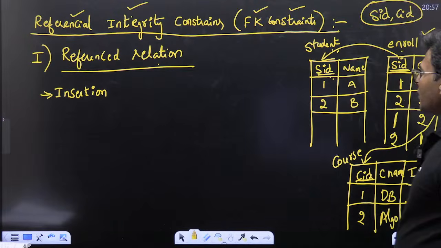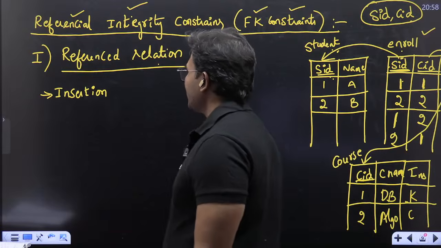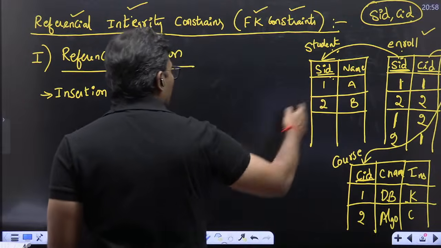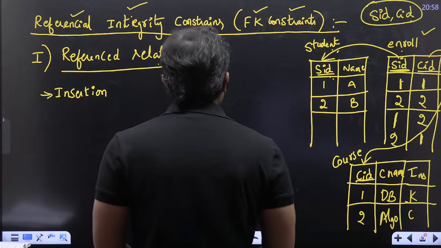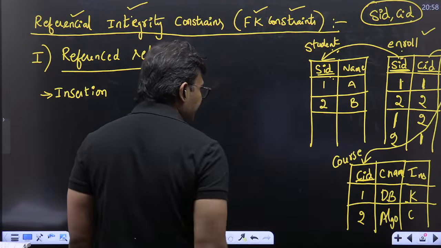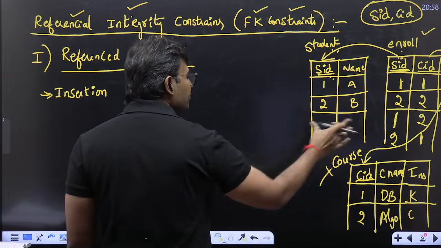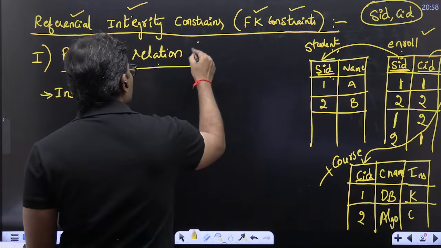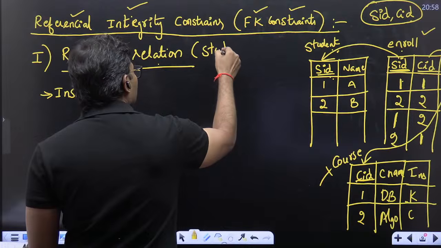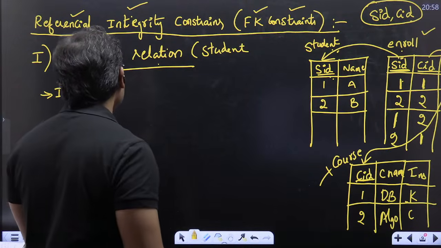Now for the sake of understanding, in this example, what is the reference relation? Student is the reference relation and course is also a reference relation. But let's forget about course for some time and keep it simple for the discussion. Now I'm talking about the student table as the reference table. I'm writing like this for your understanding only, okay?